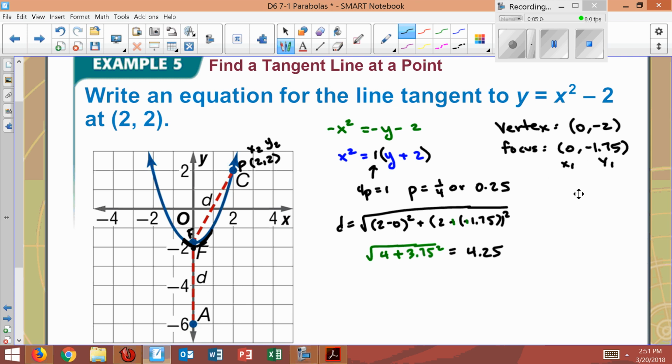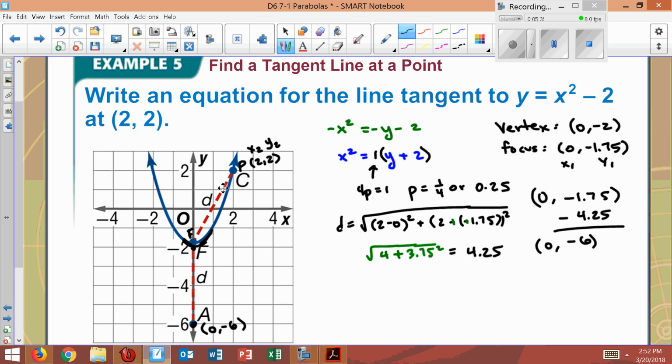When I take my y, negative 1.75, and I subtract that distance, 4.25, these are both negative, so they combine together, and it gives me negative 6. So you get the point (0, -6). That's my other point.